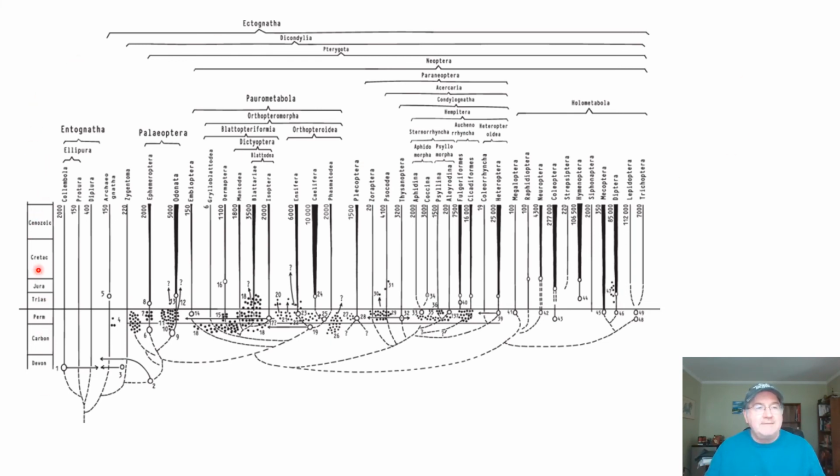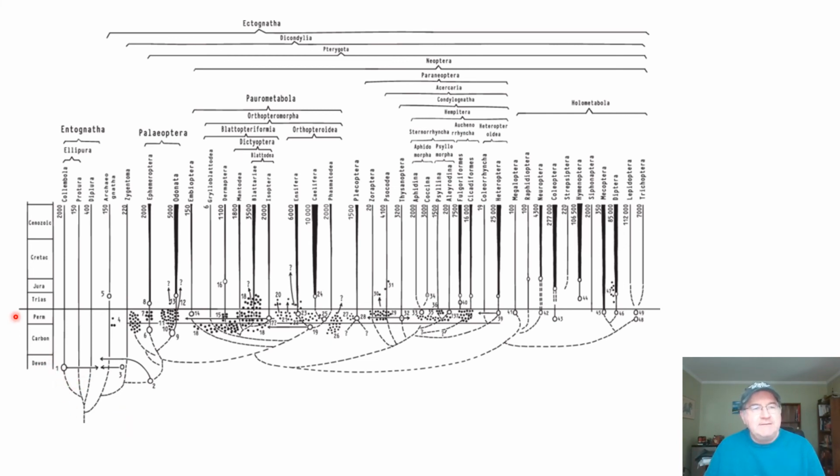The vertical axis here is the time scale. So we have Cenozoic, Cretaceous, Jurassic, Triassic, Permian, Carboniferous, and the Devonian eras. And so we see some very early fossil insects / hexapods, and we'll get into this when we talk about the wingless hexapods, appear very early in the Devonian era.